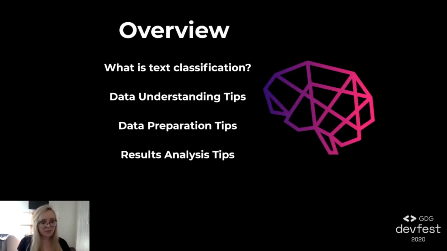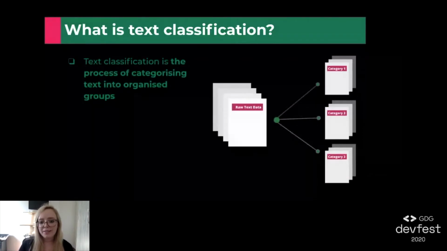What is text classification? Text classification is the process of categorizing text into organized groups. This is often achieved using natural language processing, or NLP, where text classifiers can automatically analyze text and then assign a predefined set of categories to it based on its content.